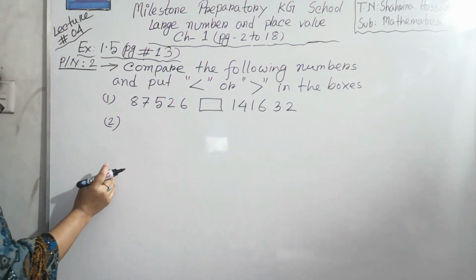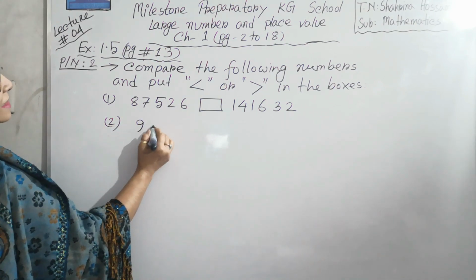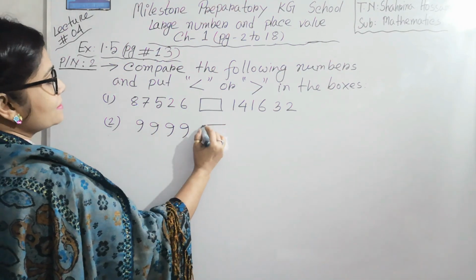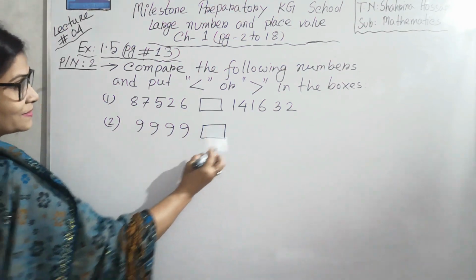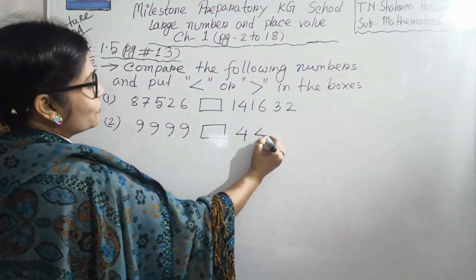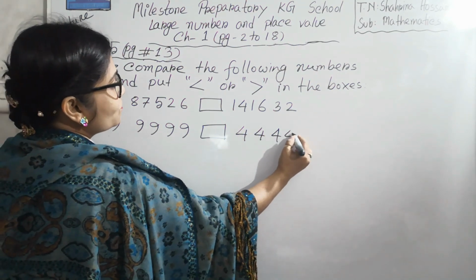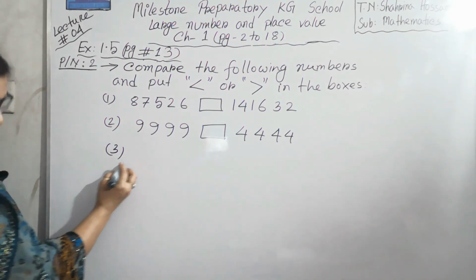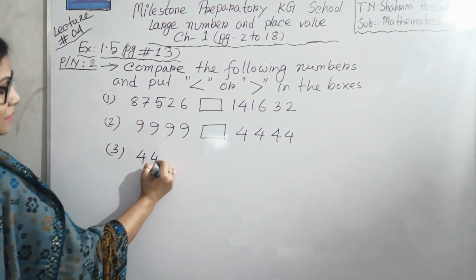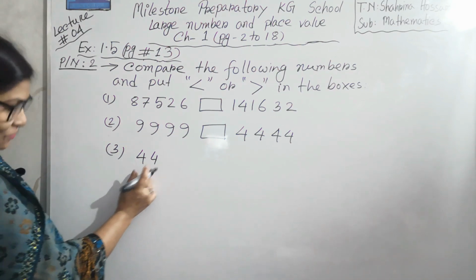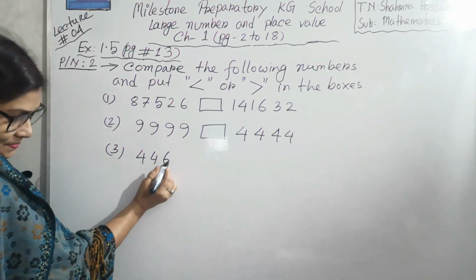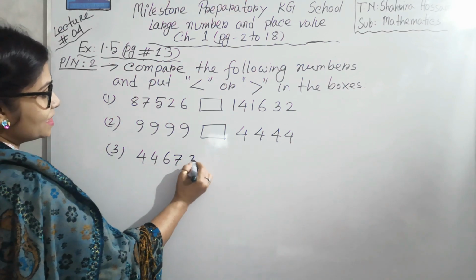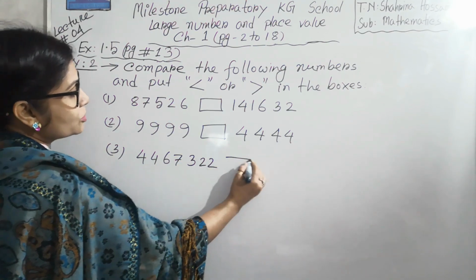Number 2, 9,999. There is a box. 4,444. Number 3, 44,67,322.